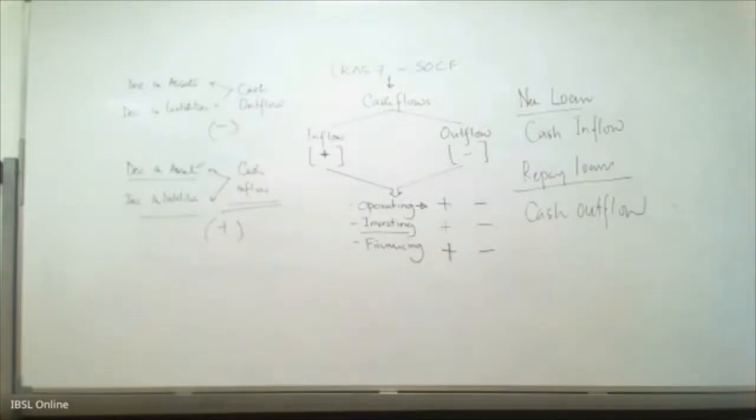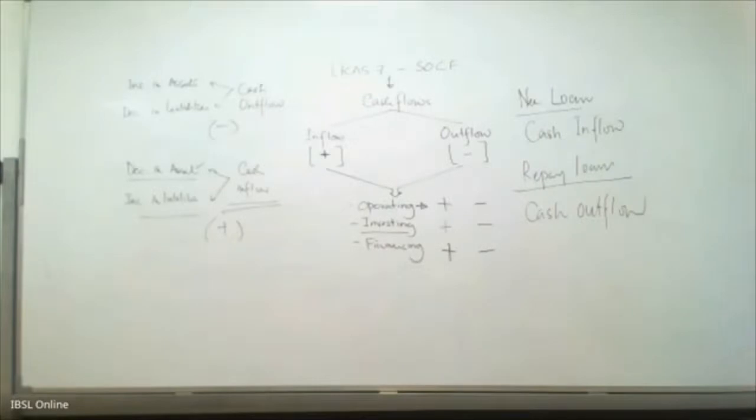Similarly, I make a provision for bad debts or provision for expenses. Now say I have not paid my electricity bill, or let's say I have not paid my water bill. So I make a provision. How do I make it? I will debit the account water bills expense and credit water bills payable, because I haven't paid.